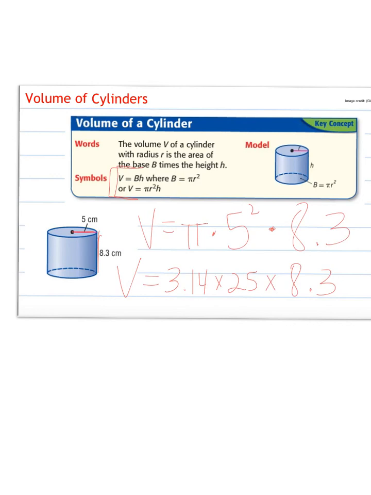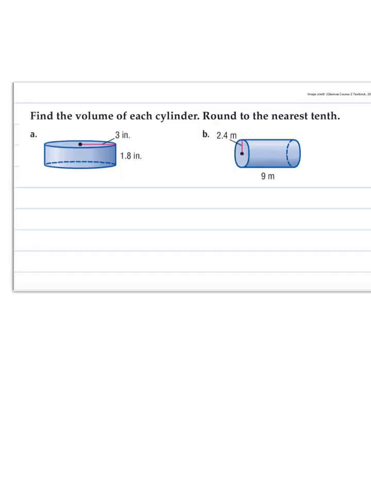Multiply all those together. And the volume is 651.55 centimeters cubed. Okay, so for volume of a cylinder, again, pi r squared times the height. Okay, 2 for you to try on your own. Come back and check.